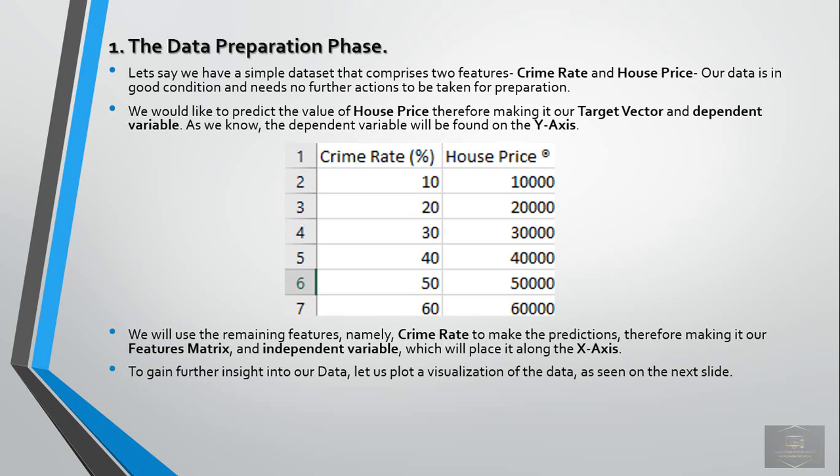As we know, the dependent variable will be found on the y-axis. We will use the remaining feature, namely crime rate, to make the predictions, therefore making it our features matrix, an independent variable, which will place it along the x-axis. To gain further insight into our data, let us plot a visualization of the data as seen on the next slide.